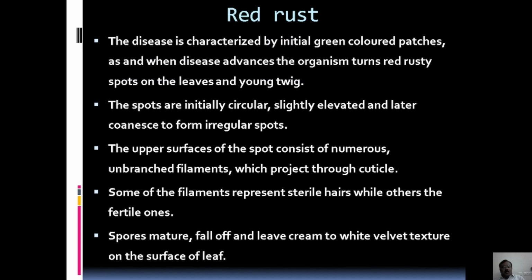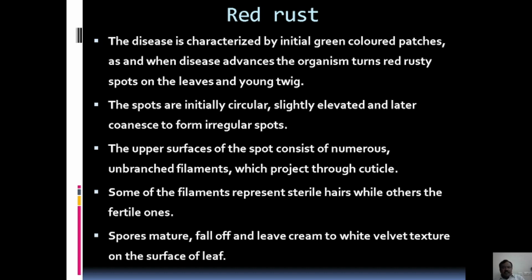And then red rust, which is an algal disease caused by Cephaleuros species. This disease is characterized by the formation of initial velvety green round raised pustules on the surface of the leaves, which later turn into reddish rusty spots on the leaves as well as on the young twigs.